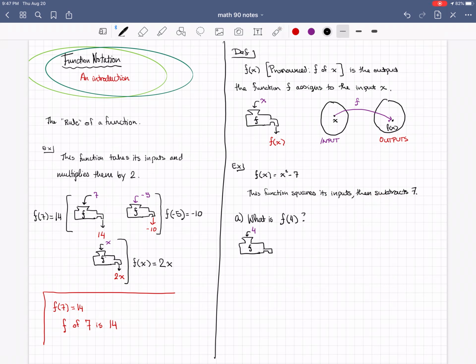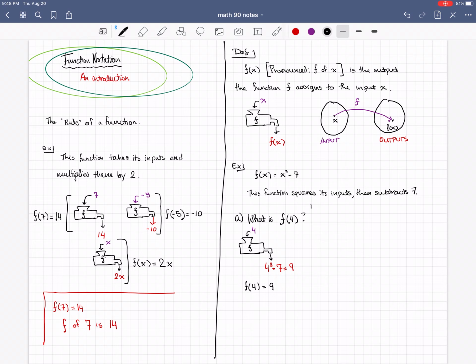So you tell me, what is going to come out when we square 4 and subtract 7? Let's write that out. 4 squared is 16, minus 7 is 9. So you could actually write here, f of 4 is 9.